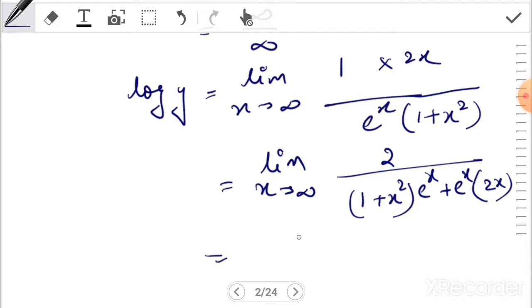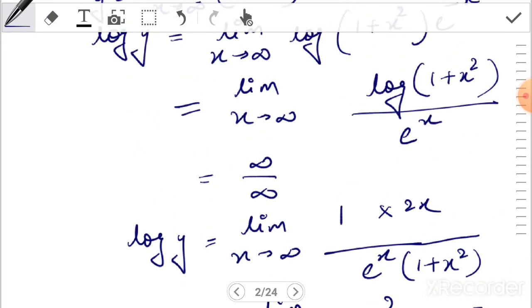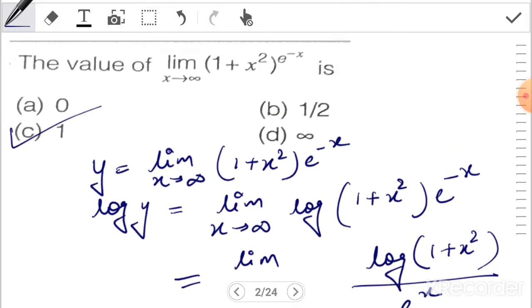If you put x equal to infinity, this becomes 2 by infinity, which is 0, so log y is 0. Then y will be equal to e power 0, which is 1, if the base is e. So 1 is the answer, right?